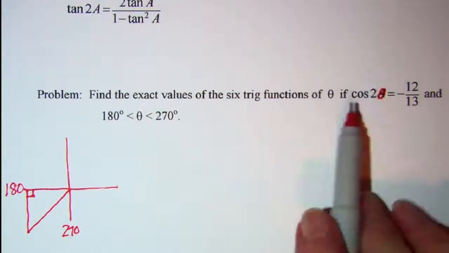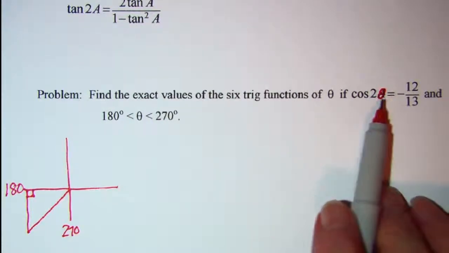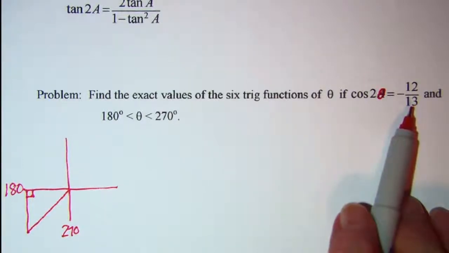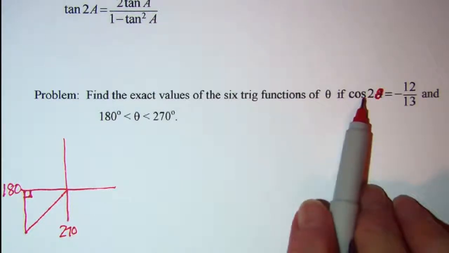We know that the cosine of 2 theta is a negative 12 over 13. So I need to use my identities to find out what my theta is going to be.